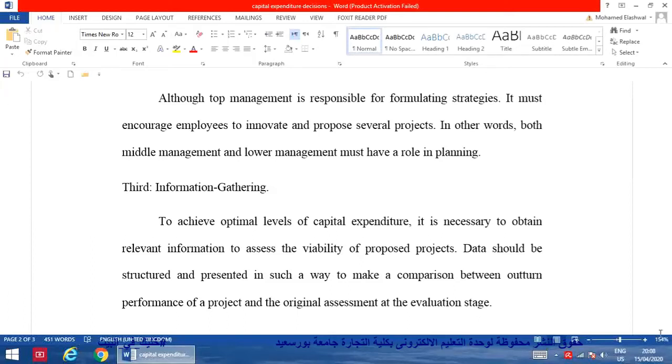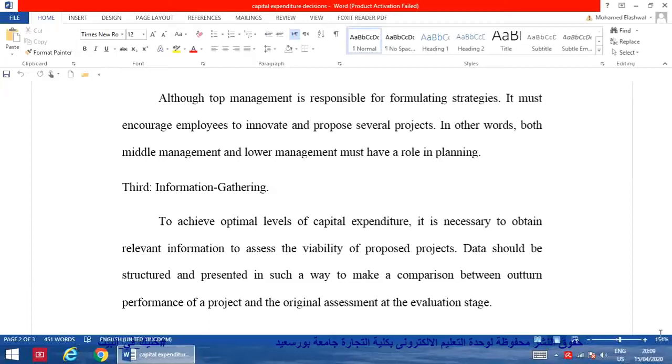Although top management is responsible for planning and formulating strategies, both middle management and lower management must have a role in planning as well.